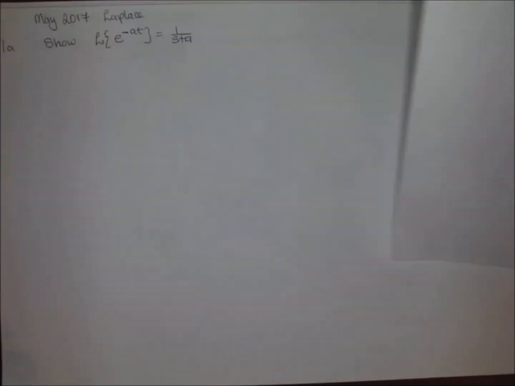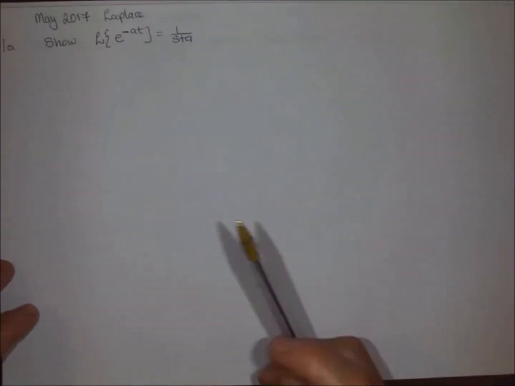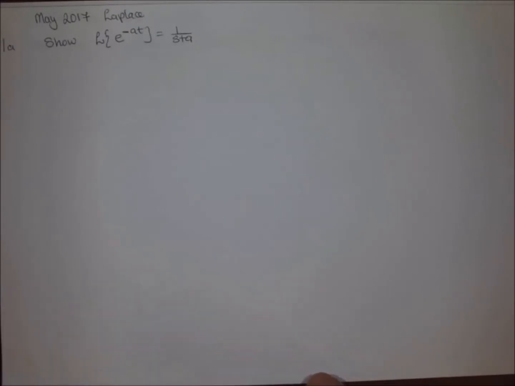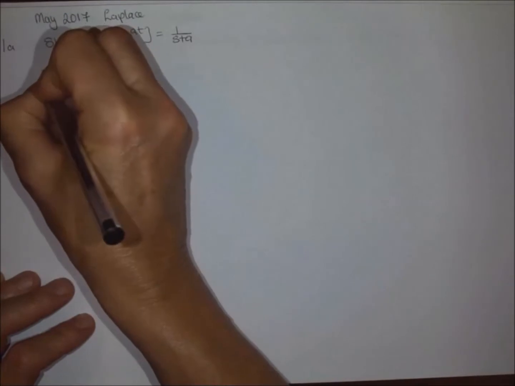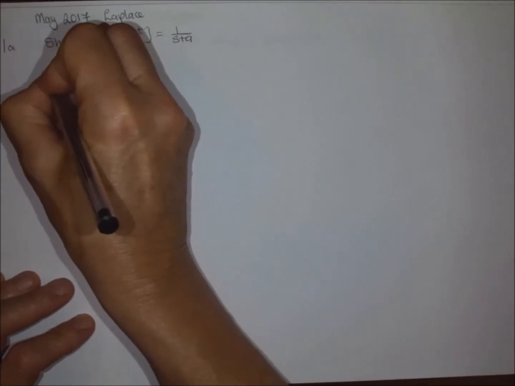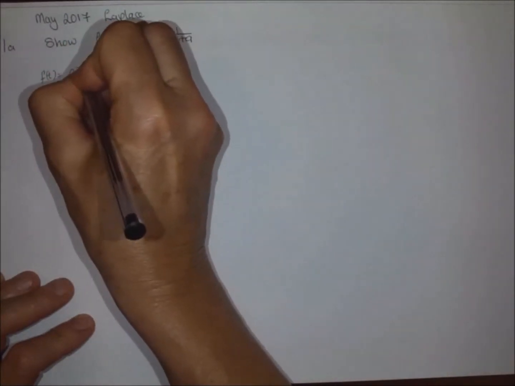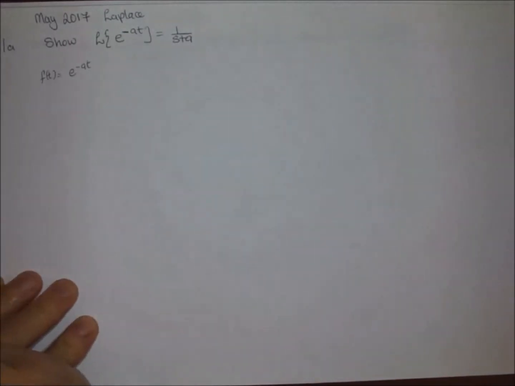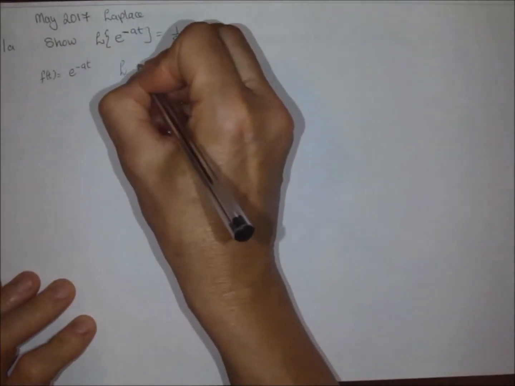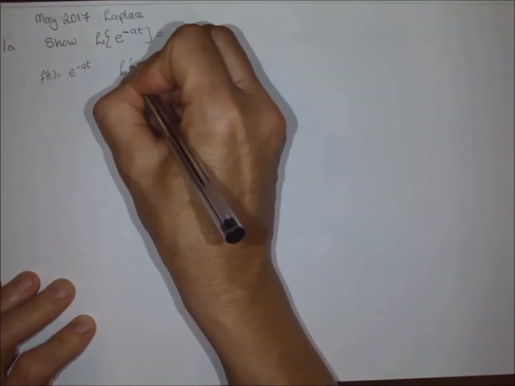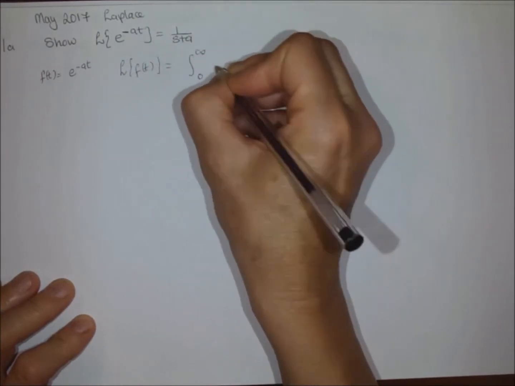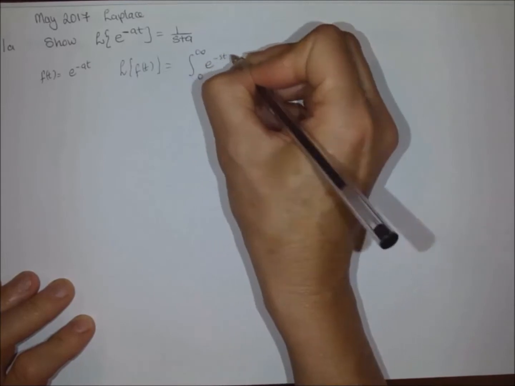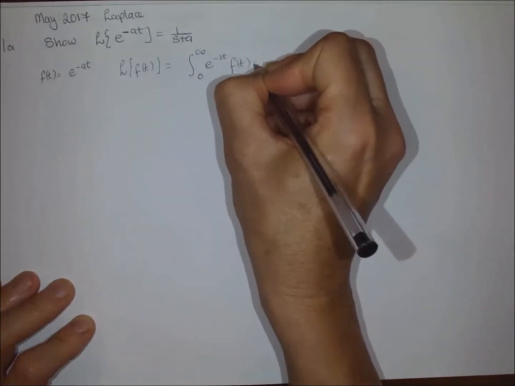So now part 1. Show that the Laplace transform of e to the minus at is equal to 1 over s plus a. We have a function f of t, which is equal to e to the minus at. To do a Laplace transform on that function f of t, we have to integrate between 0 and infinity e to the minus st times that function dt.